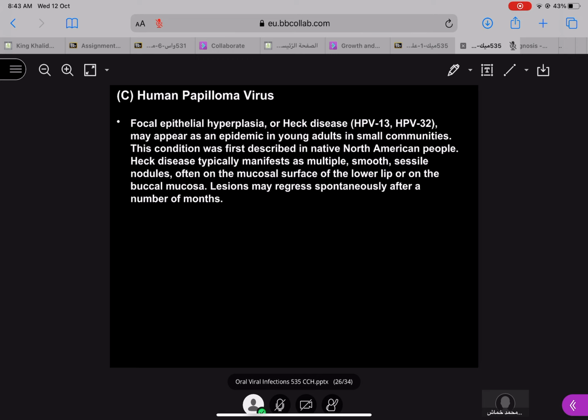Heck disease typically manifests as multiple smooth and sessile nodules, often on the mucosal surface of the lower lip or on the buccal mucosa. Lesions may regress spontaneously after a number of months.